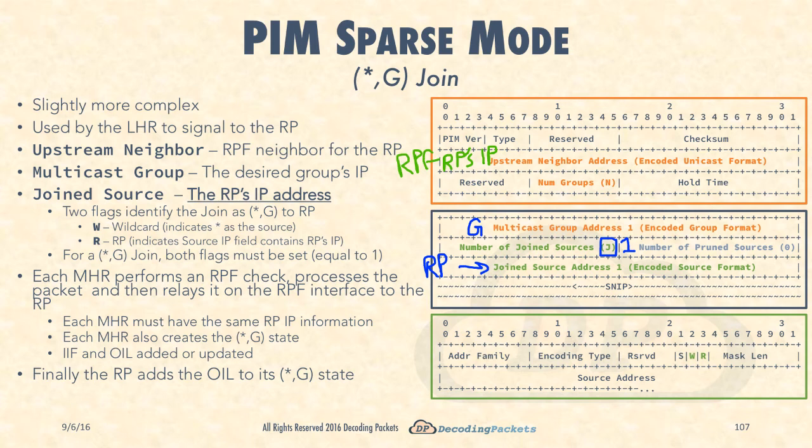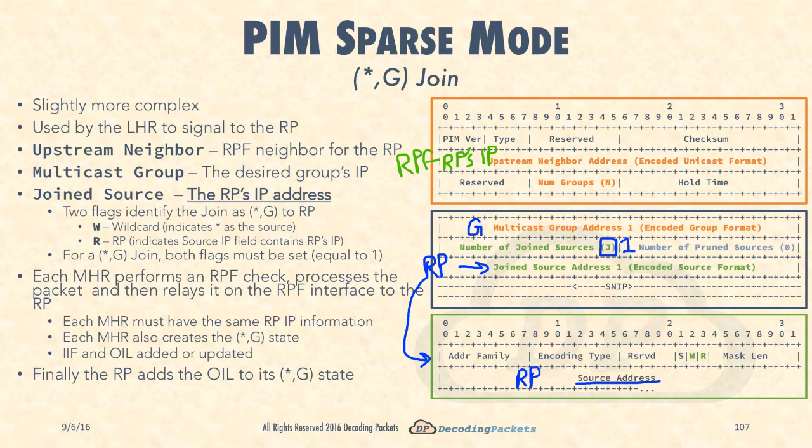Now really the join source address field, like I said, it's not just a 32-bit field. It really is this particular field here. So there's an address family there, there's an encoding type here, and there are some other things in addition to the source address. So to populate this field, the RP's IP would populate the source address field.